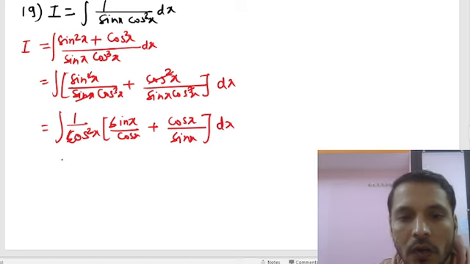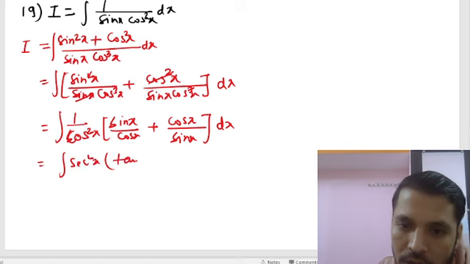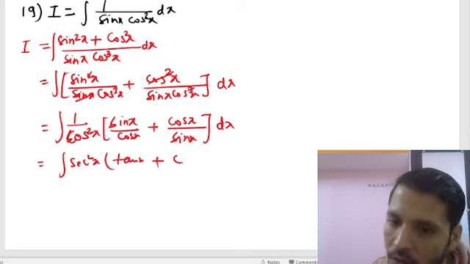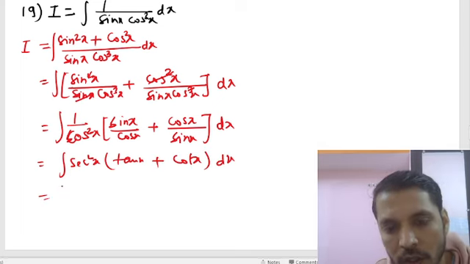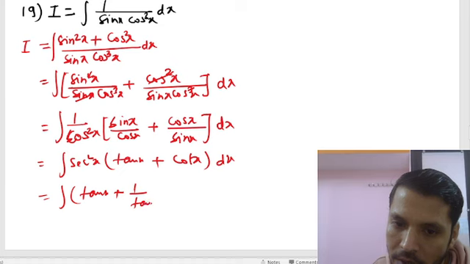So now we can write it as secant square x times tan x plus cot x. Now it is very simple. What can we do in the next step? I am writing this first: tan x, and cot x we can write as 1 by tan x, right?